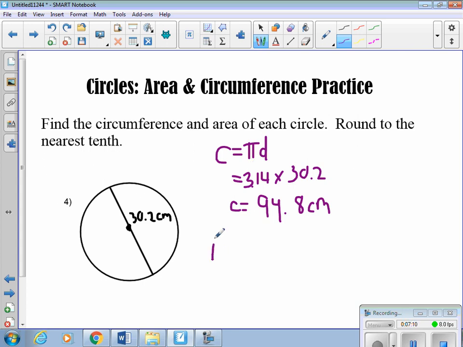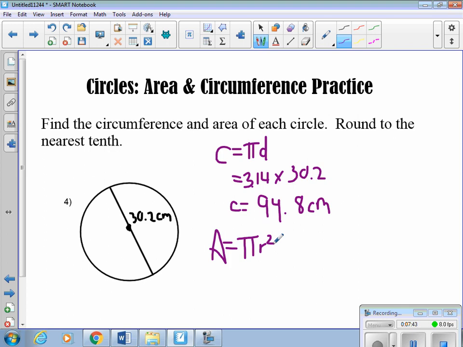Alright, now we're going to find the area. And the area has just one formula for a circle, which is still... or 2 pi squared, sorry. I wrote that wrong. It is pi r squared. Sorry about that. I'm not paying attention. We have not been given the radius. We've been given the diameter.